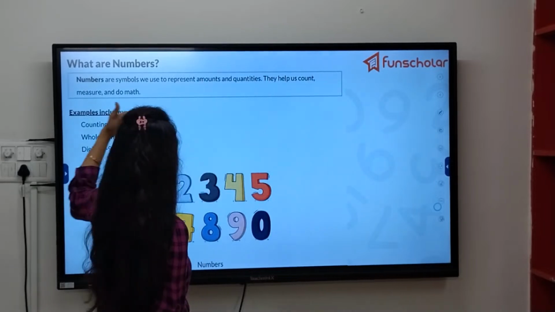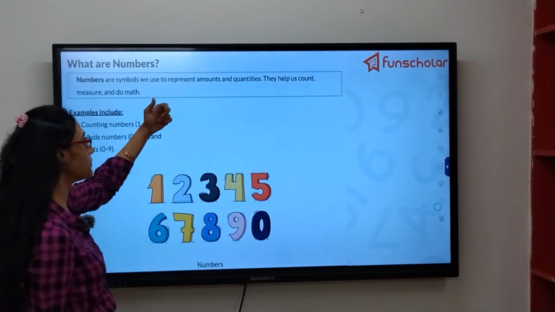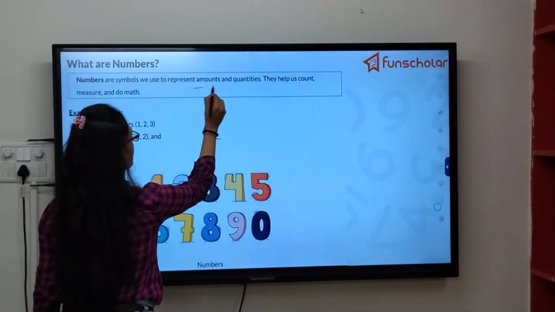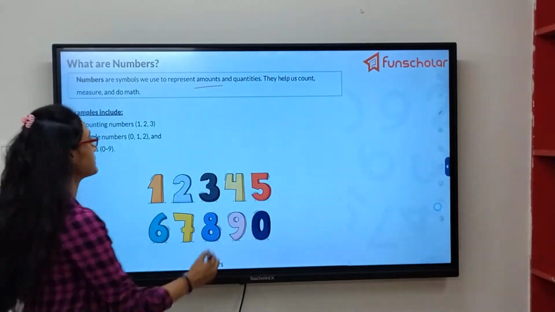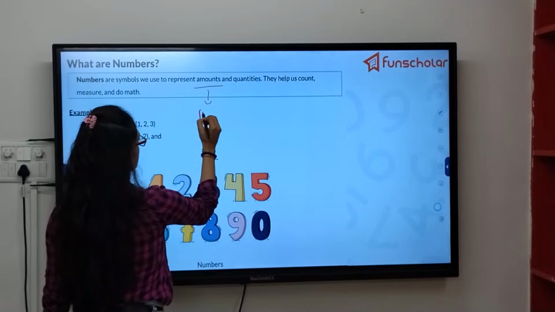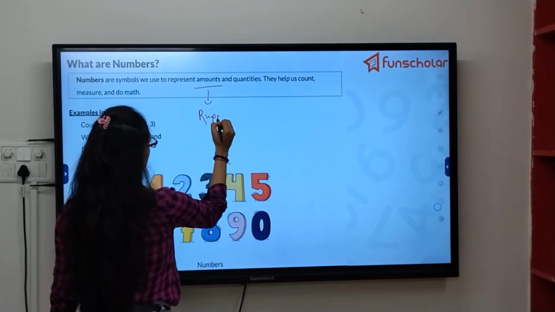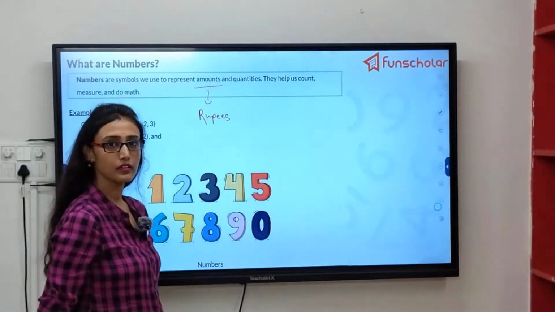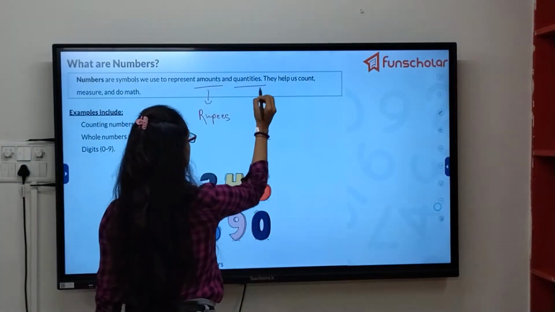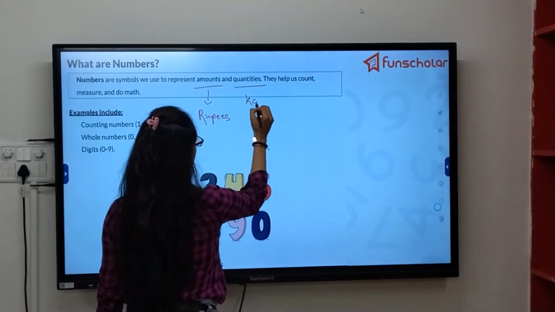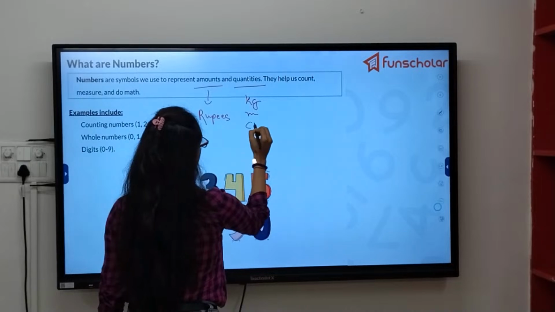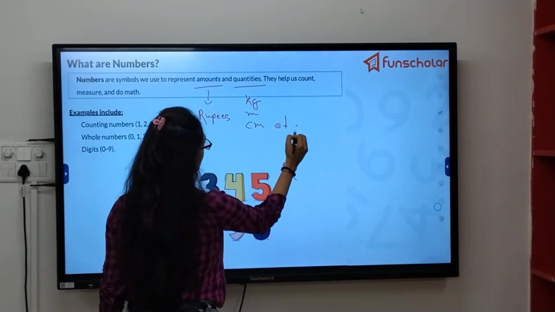They help us to count, measure and do maths. Now what is amounts? Amounts means rupees, right? Quantities means in kg, meter, centimeter, etc.